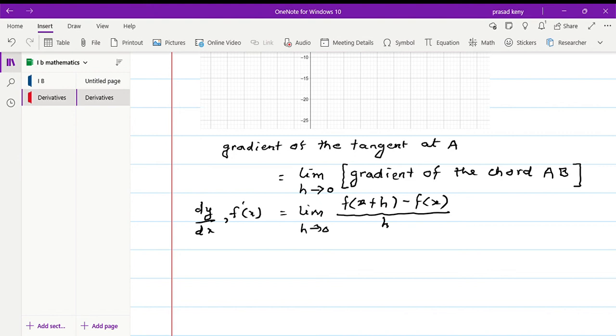And this is sometimes called the definition of derivatives or the first principle of the derivatives.